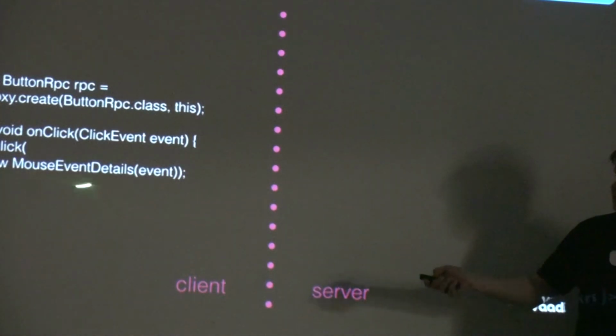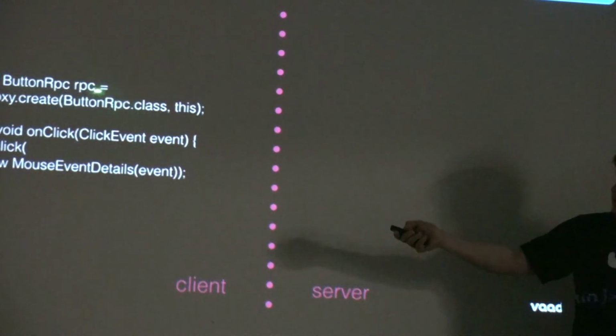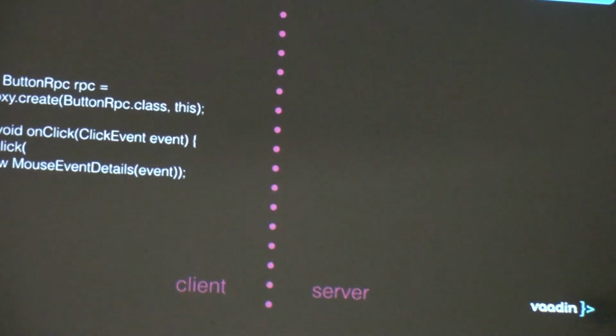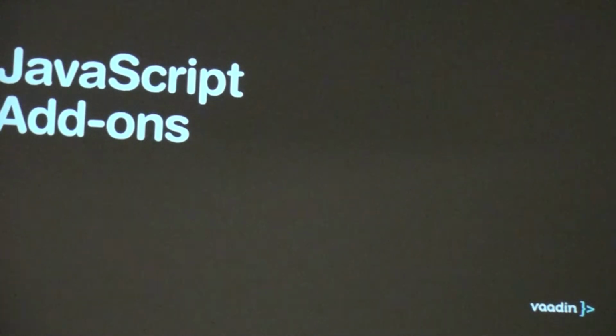So we can just start to use this implementation, say rpc.click, and it just works and sends an Ajax call over the wire. The other way around, on the server side, we can just implement this interface as you normally implement an interface, and then register it, and after that you start receiving these calls. And the rest of it is automated under the hood.